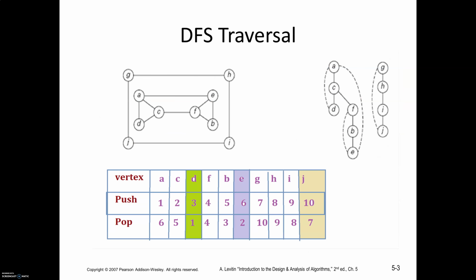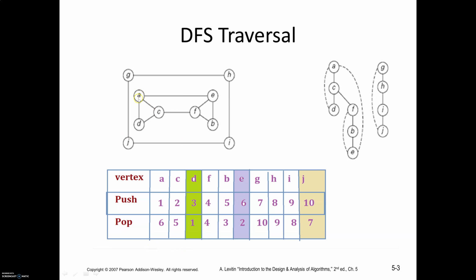Now we'll see another example. In this graph there are 10 vertices. Since we are following lexicographic order, I start with A first. In order to traverse this graph by applying the DFS algorithm, we are using a data structure called a stack.